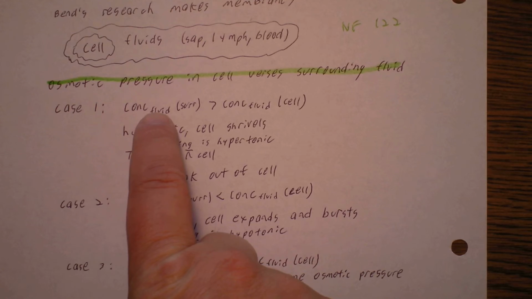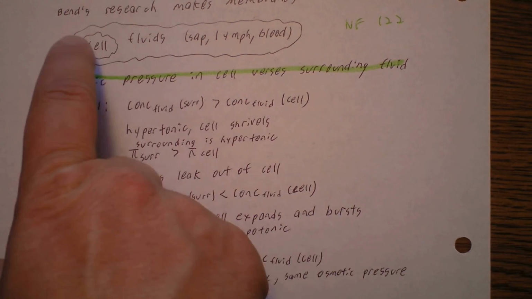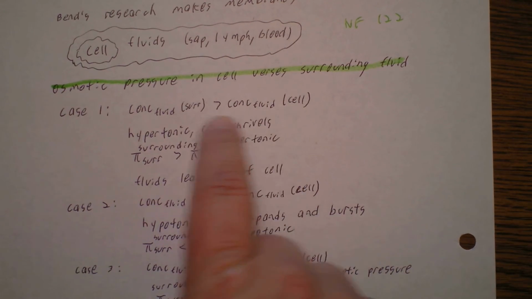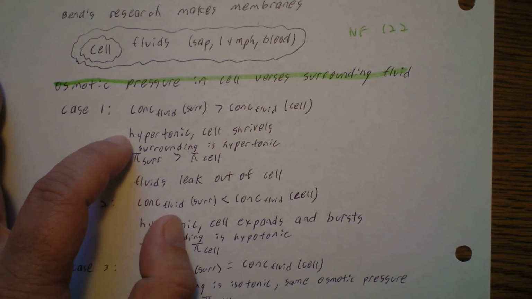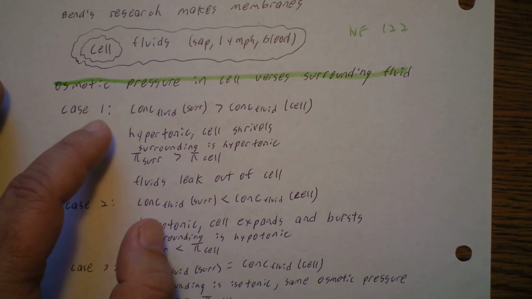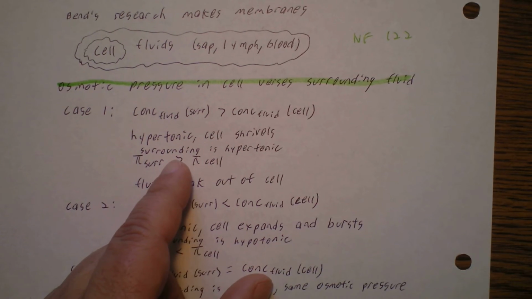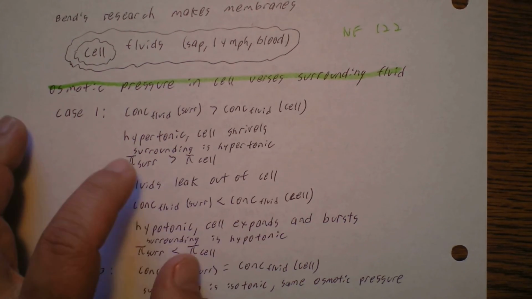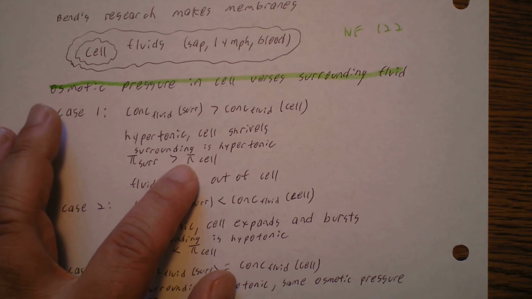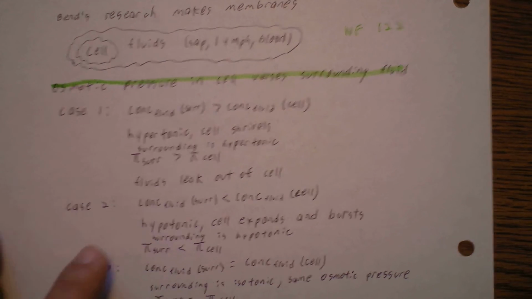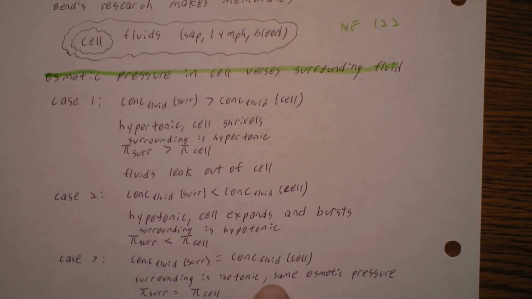Let's say that the concentration of the fluid out here in the surroundings is greater than the concentration in the cell. Well, in that case, we say that it's hypertonic and the cell shrivels. So we say that the surrounding is hypertonic, which basically means that the osmotic pressure of the surroundings is greater than the osmotic pressure of the cell. So what will happen is that your fluids will leak out of the cell.